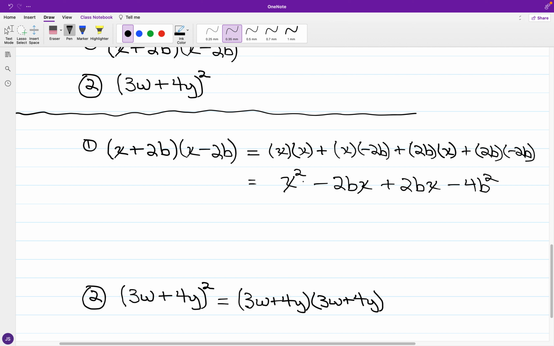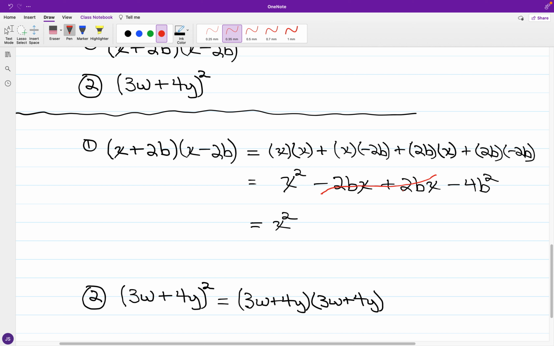And if you notice, in the case of the activity, you have x squared, and negative 2bx and 2bx are like terms, and the coefficients happen to be additive inverses. And what do additive inverses do? Well, they're going to end up canceling each other.